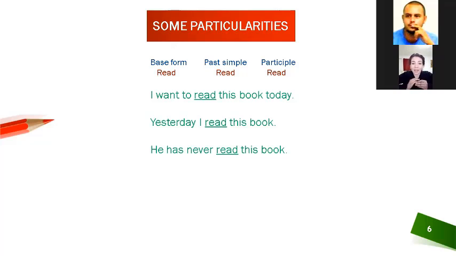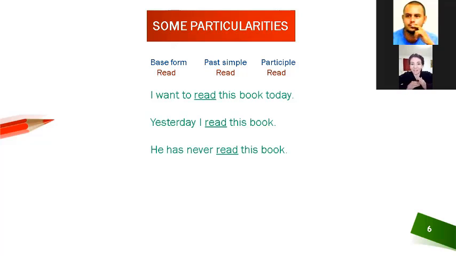Now, we're going to use the participle, and it says, he has never read this book. Okay, repeat with me. He has never read this book. Maybe he doesn't like reading.